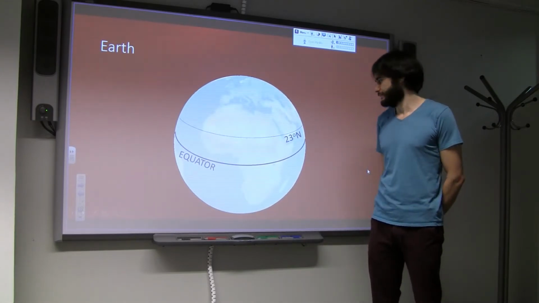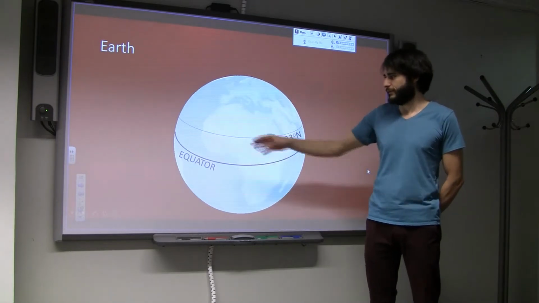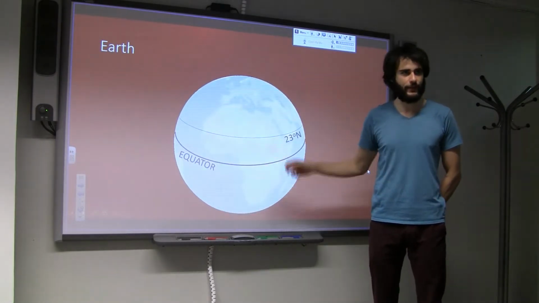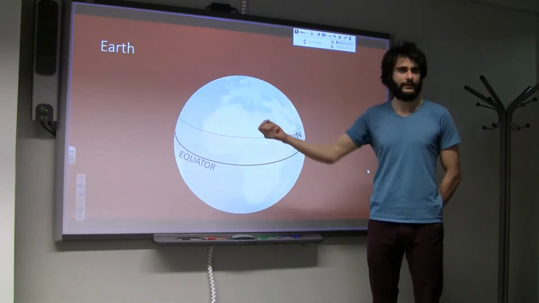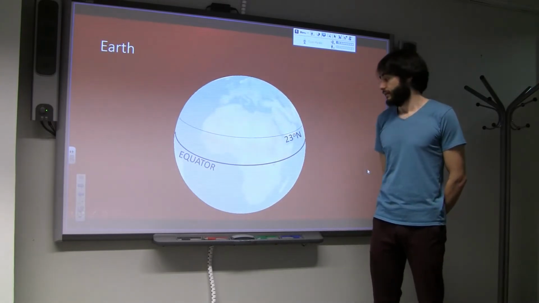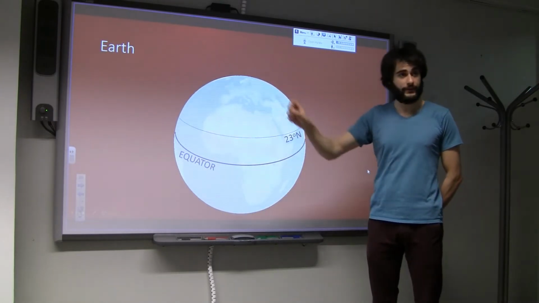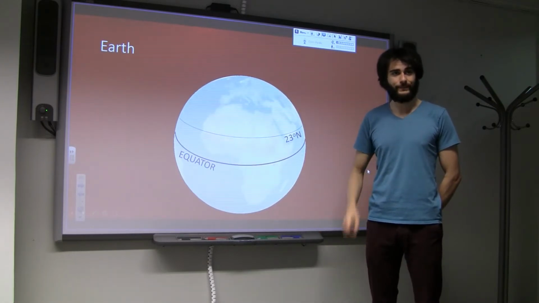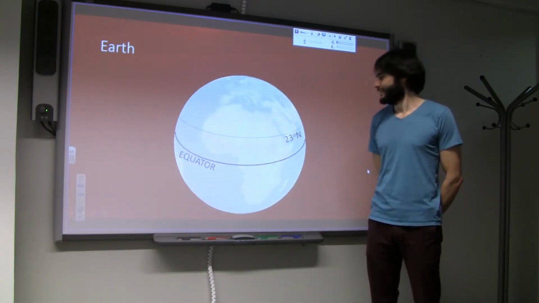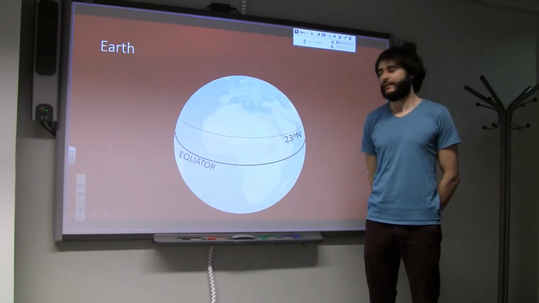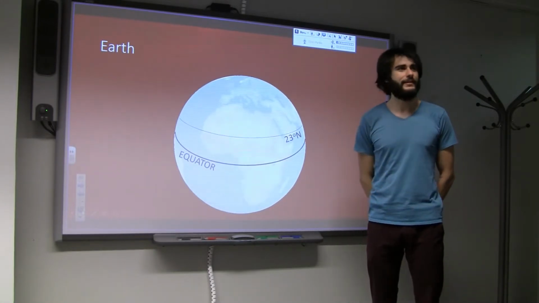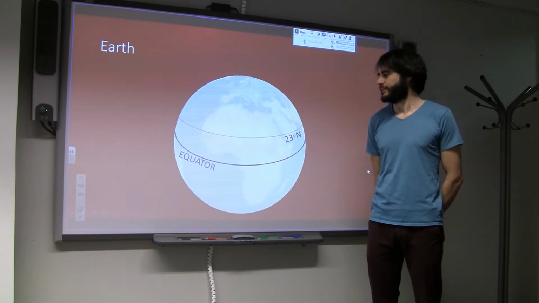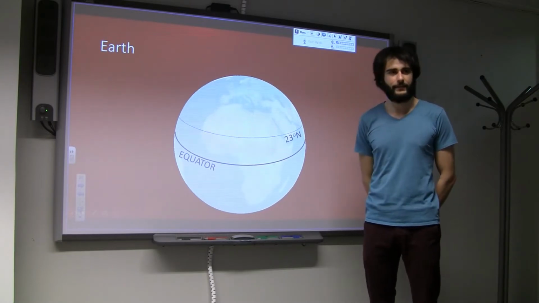If you remove the Earth from here, you would see the other side of the equator, and you would see it as a ring, as a circle around the Earth. And if you just walk around it in a straight line, you will come back to the same place. And you can go again and again. But that's the key thing here: if you go in a straight line, you will come back in the same place.